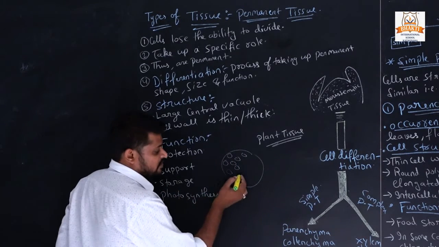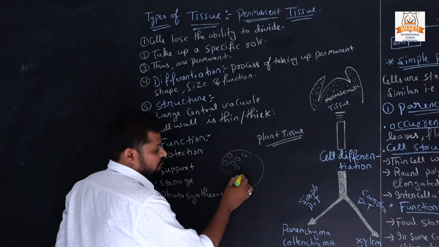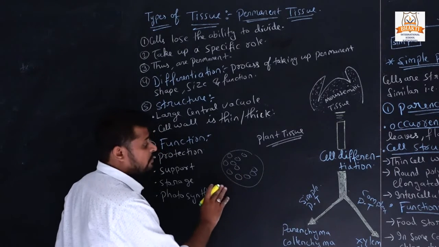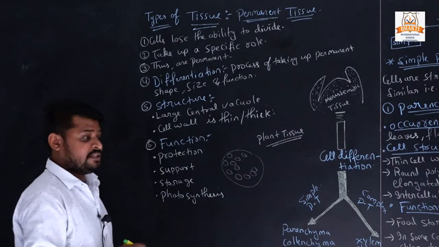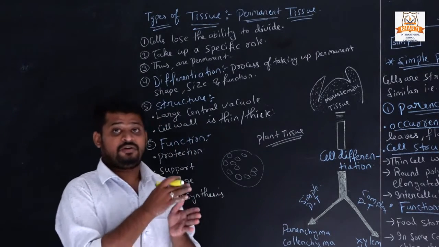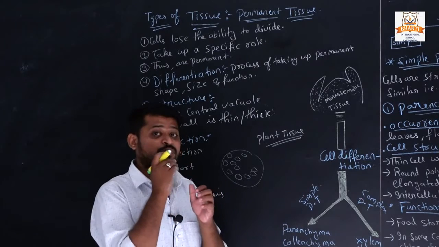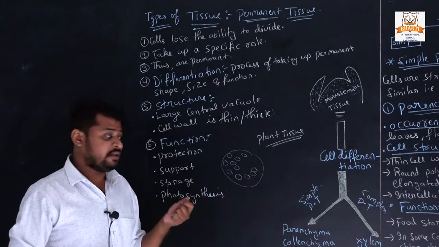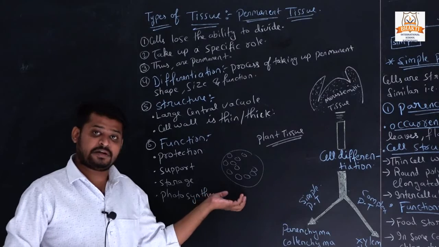But some cells, when they reach some division, will say, now I don't want to differentiate, I don't want to divide, so they stop cell division and get their permanent shapes.